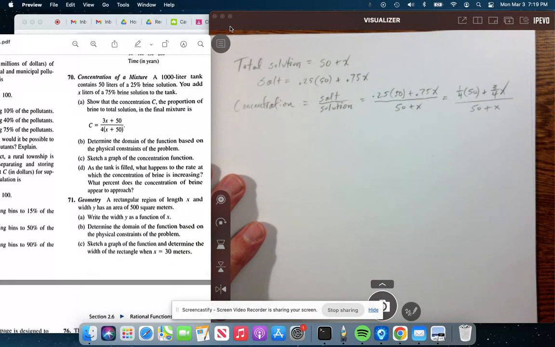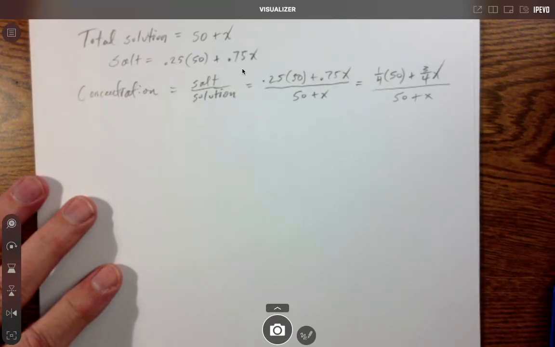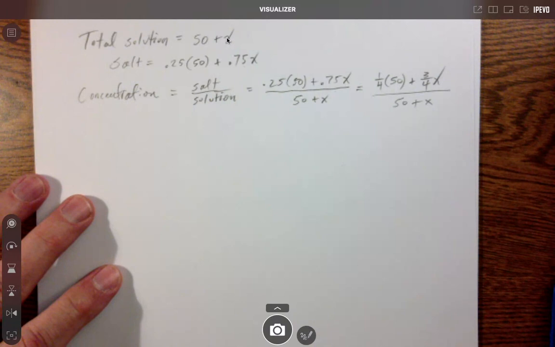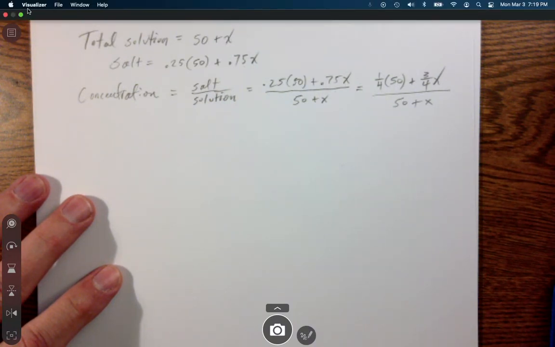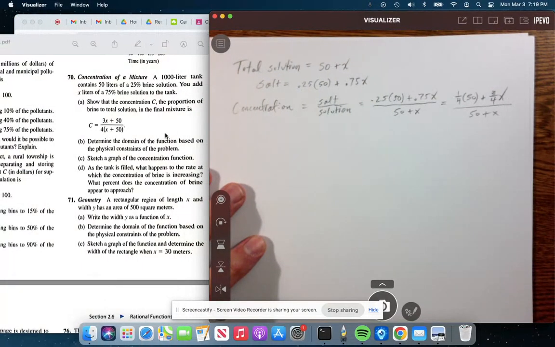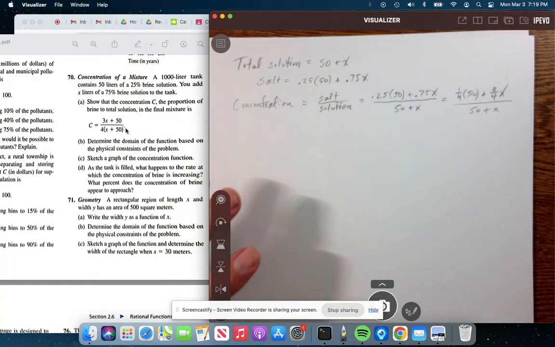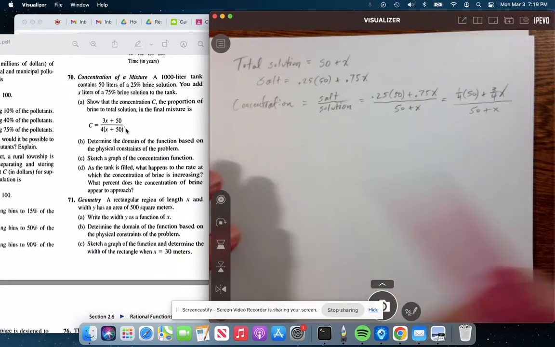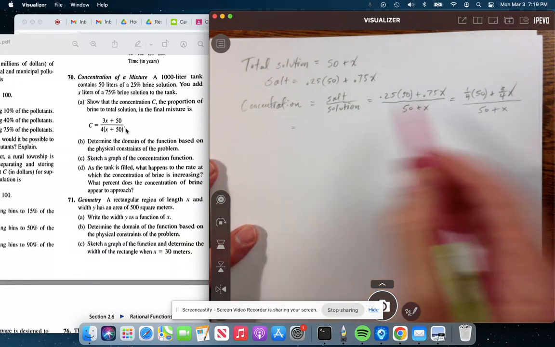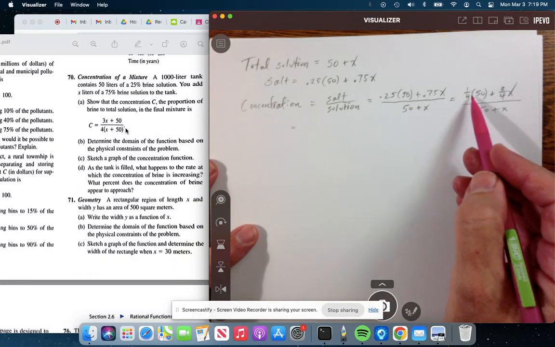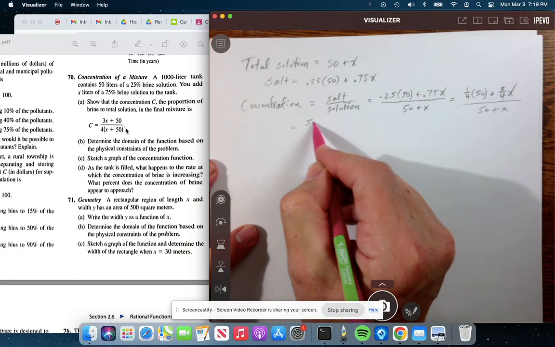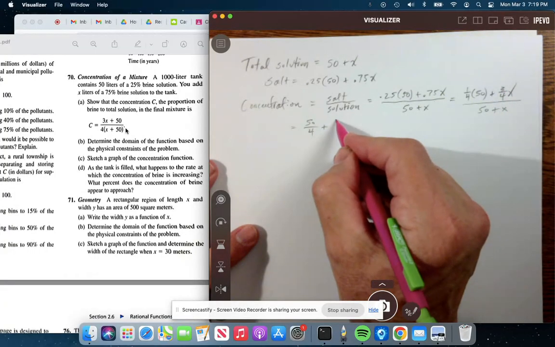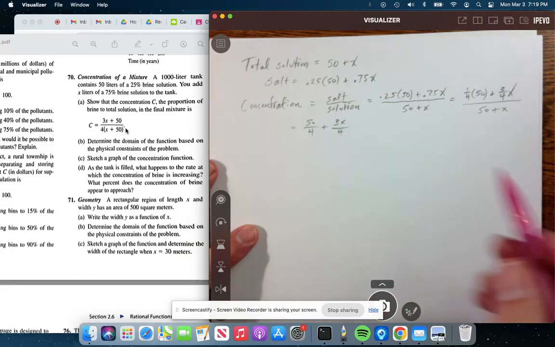All right, I'm going to expand this. I guess I need to see it. How about if we just make this up here one fraction? So this would be 50 over 4 plus 3x over 4, right?